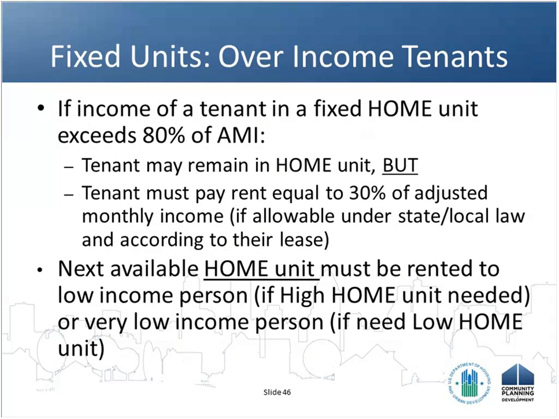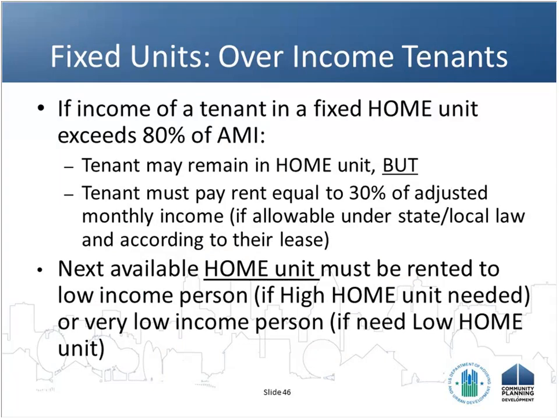If we have a tenant whose income goes over the 80%, so they're an over-income tenant, we're not going to kick them out of the unit, but we are going to adjust their rent. And in this case, with it being a fixed income unit, we are going to be a little more aggressive. So we're going to raise their rent to whatever is equal to 30% of their adjusted monthly income.